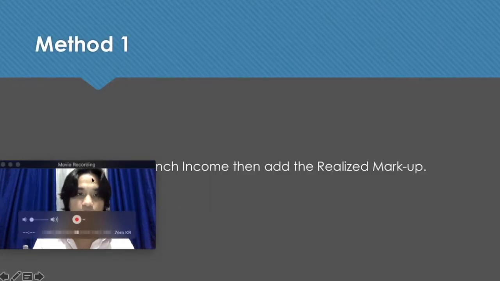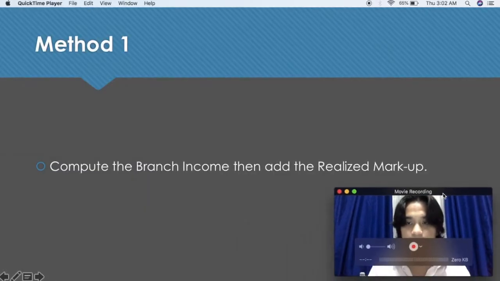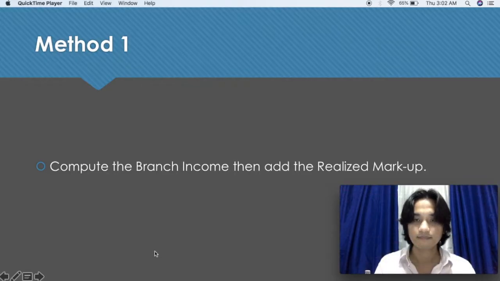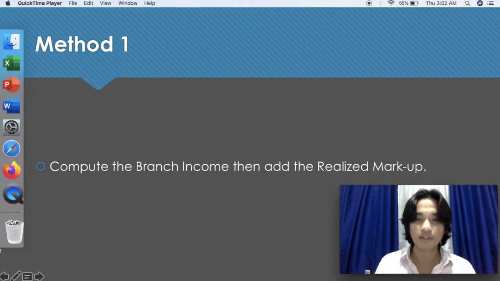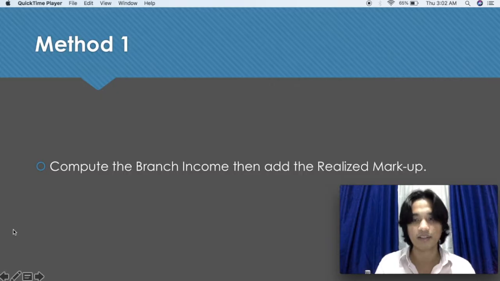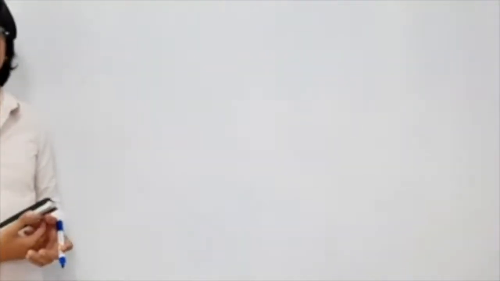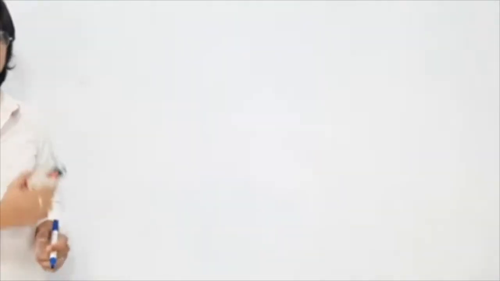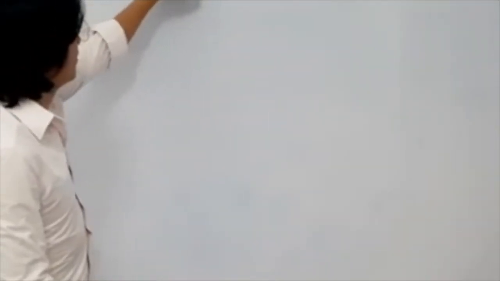So method number one. Compute the branch income, then add the realized markup. So let's start with scenario number one. Starting with the first method, we have our sales at 700,000.